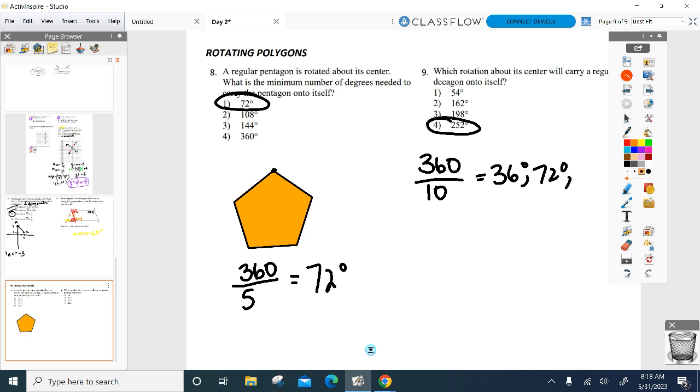Cosine 10. So cosine is adjacent over hypotenuse. So ratio cos 10.